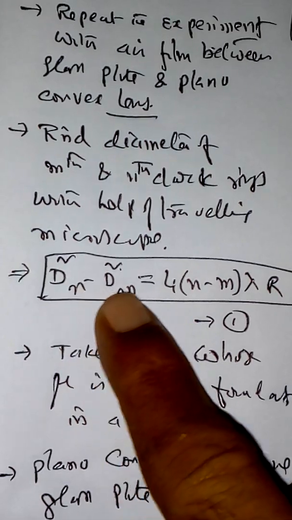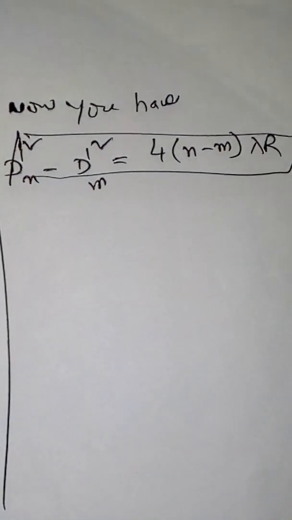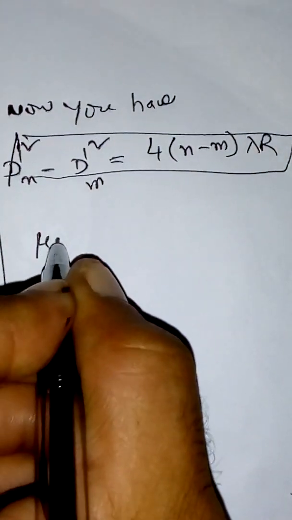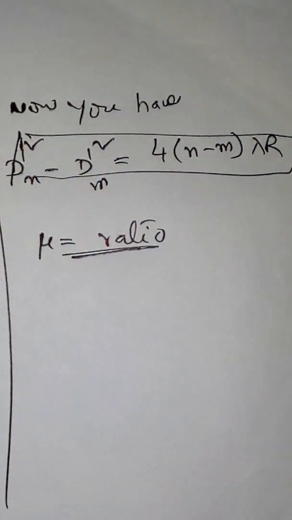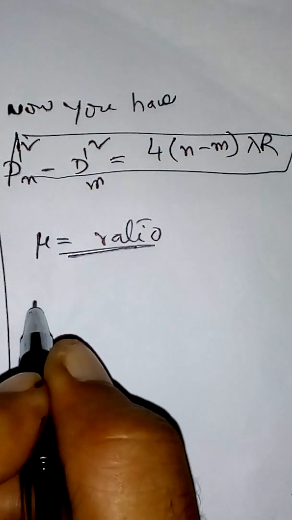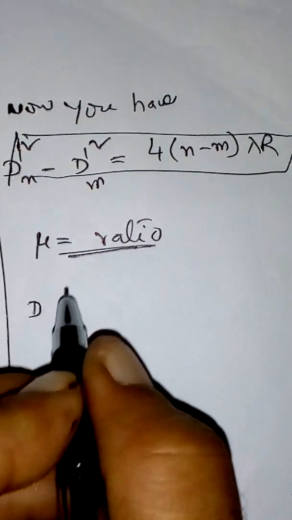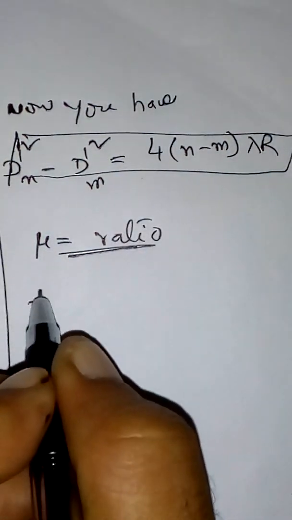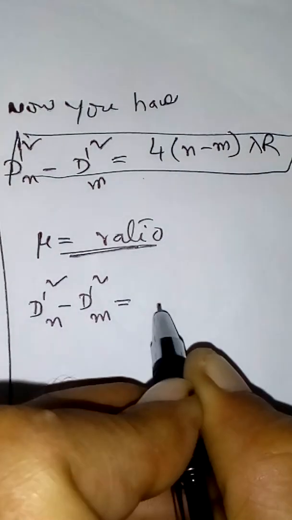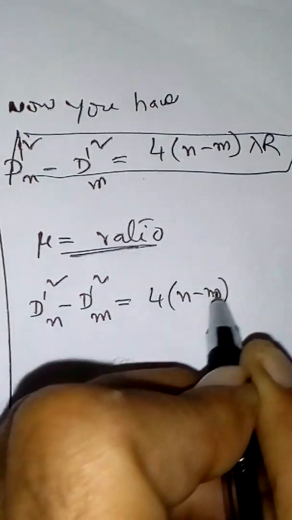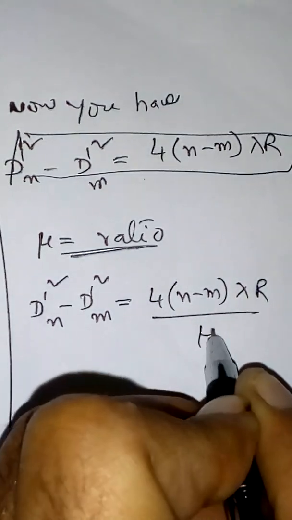See here, this is with the air film, and the same formula you measured for the liquid film. Now you want mu. Mu is a ratio. How do you get it? d dash square n minus d dash square m is equal to 4 into n minus m lambda r by mu.